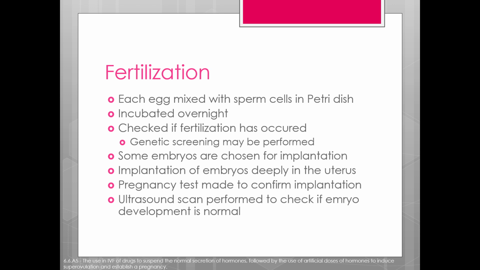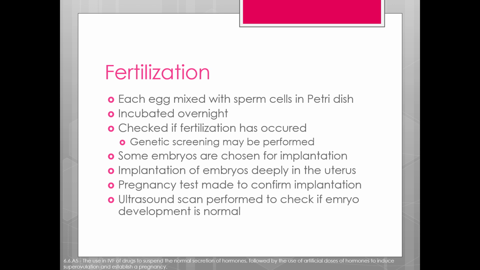Then, of course, we have to check if fertilization has occurred and if there are embryos developing. In case of some assisting problems, we may, for instance, perform genetic screening. In some countries, it is possible that if parents are burdened with some genetic disease, they can perform in vitro fertilization not because they are infertile, but because they want to choose the healthy embryo to be implanted, to avoid pregnancies resulting in children with sometimes very severe genetic diseases.